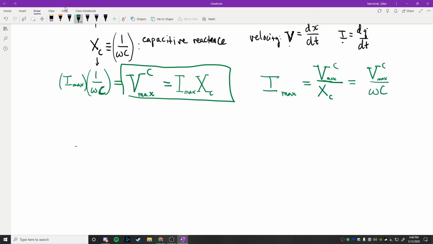So what does this mean? If we think about what this quantity does, this quantity is going to be large when omega is small, and small when omega is big, right? So if omega is big, then look at this expression here, then I max is small.